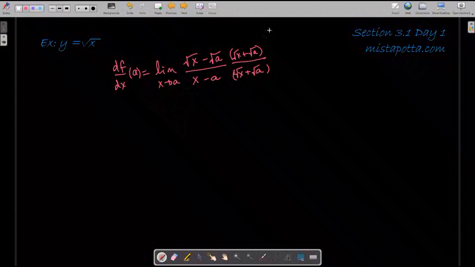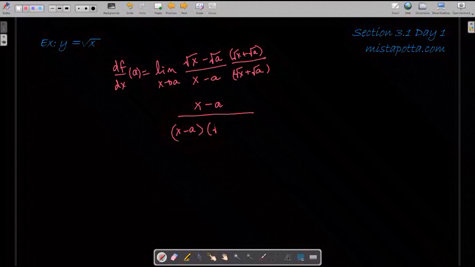Remember, the purpose of multiplying by the conjugate is to get a difference of squares issue here. And this ends up being square root of x squared minus the square root of a squared over x minus a is one factor in the denominator, and radical x minus radical a is my other.